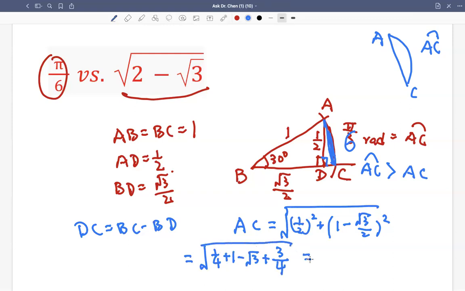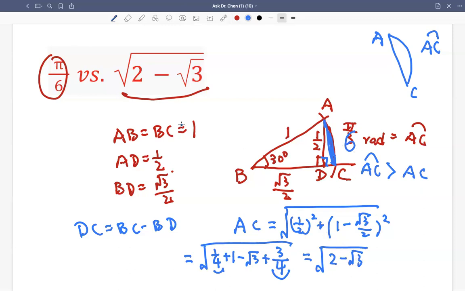So we get this. Now let's simplify. 5 quarters plus 3 quarters, which is 2. 2 minus radical 3. Okay, so the straight line AC is the square root of 2 minus radical 3.